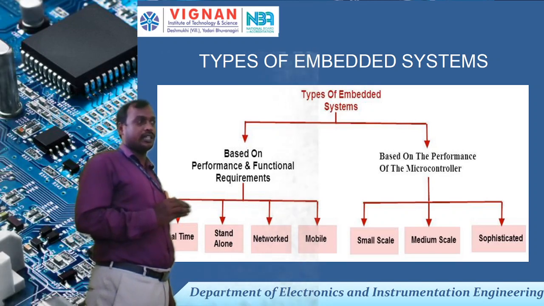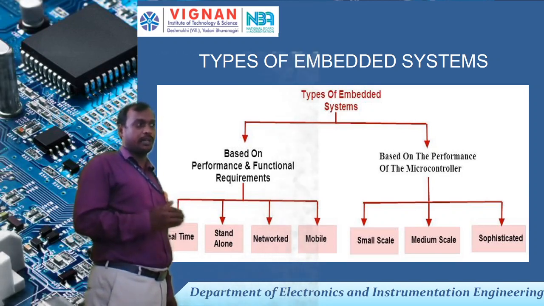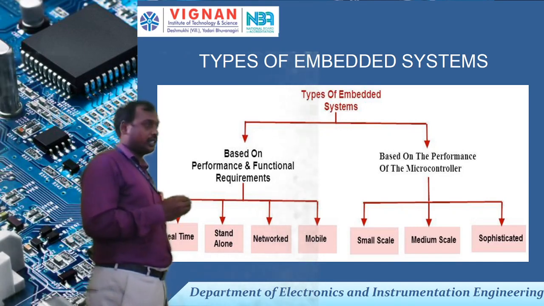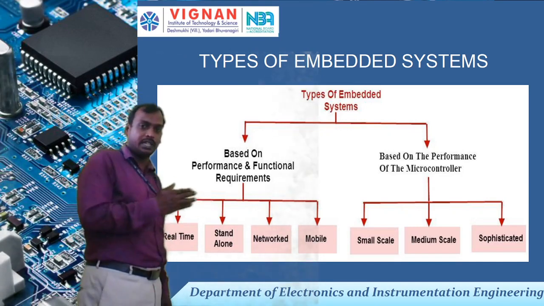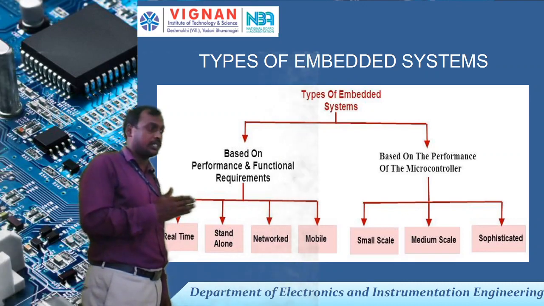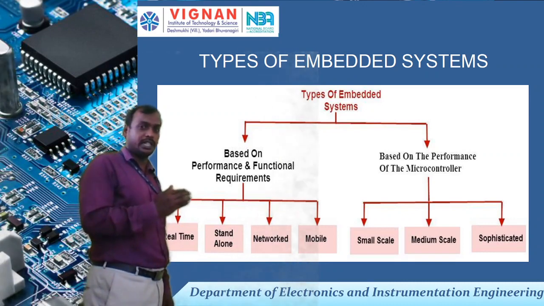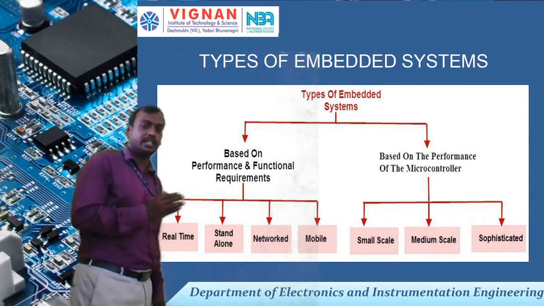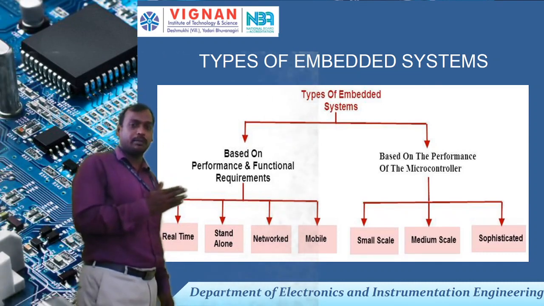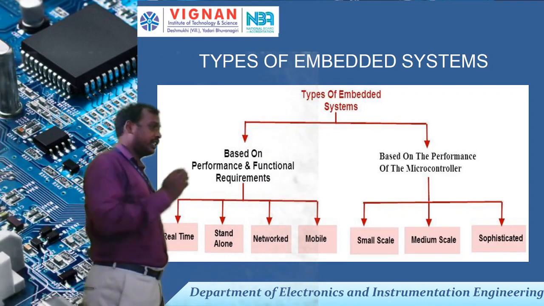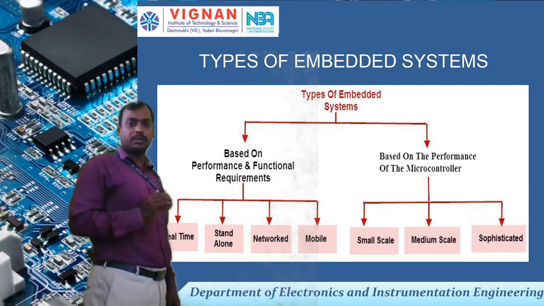Suppose in industry you measure the temperature: every second it should measure the temperature. If there is a time delay, the hard real time system will not accept it. That means it is time critical. Each second it should be measured. Suppose you need to maintain a constant temperature of 50 degrees C. The temperature value should be maintained.